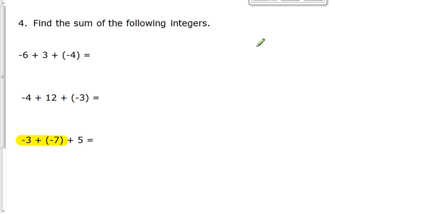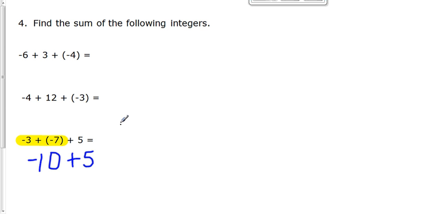The addition rule is: are the signs the same? Since the signs are the same, I'm going to add and keep. So 3 plus 7 is 10 negatives all together. Then I'm going to bring down the rest of the problem. I have 10 negatives plus 5 positives.